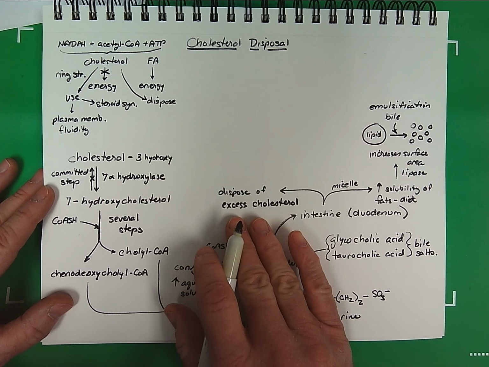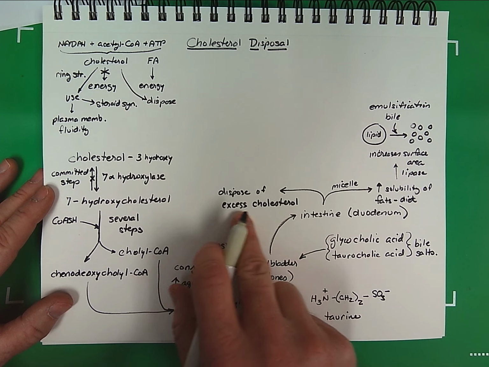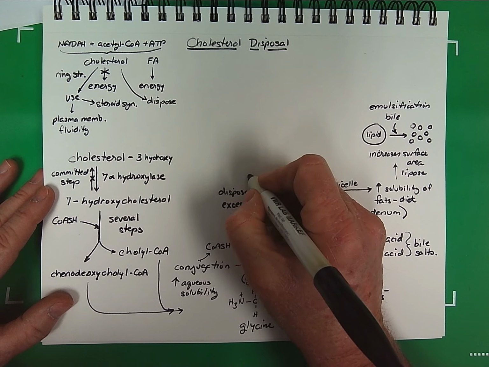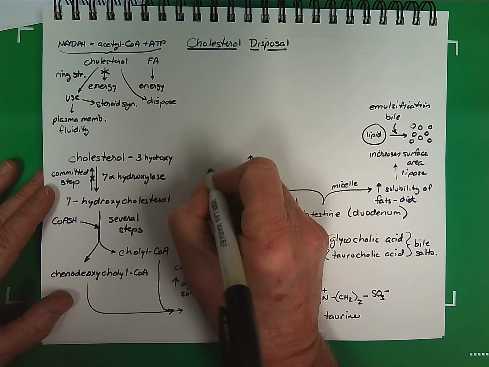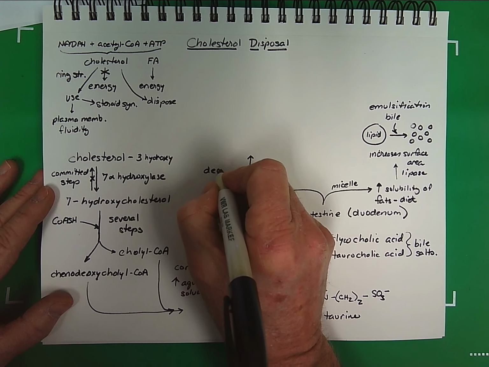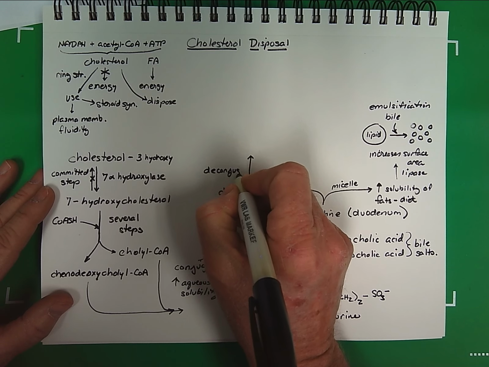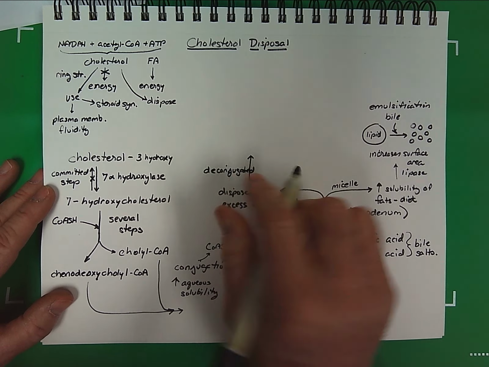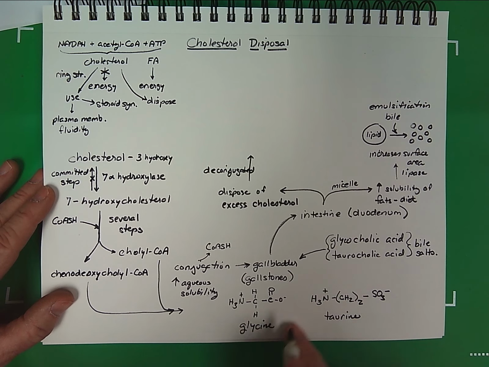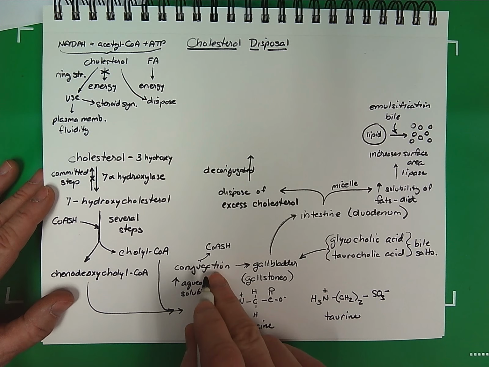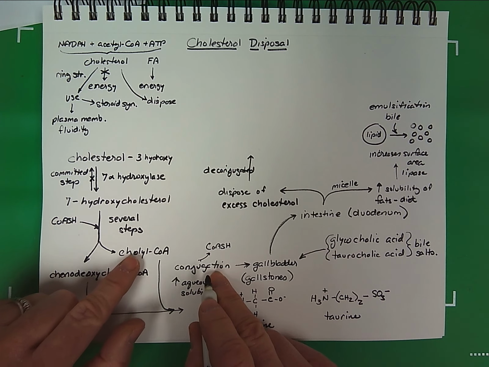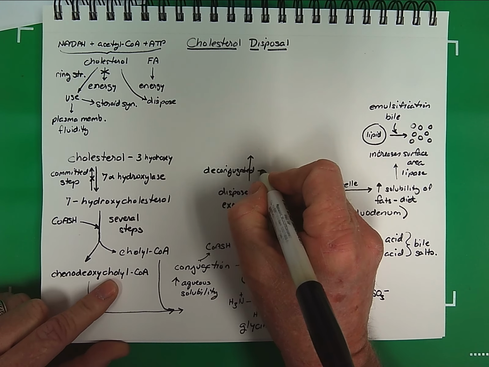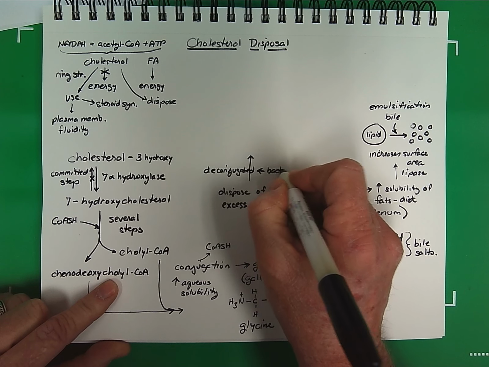Now, the other purpose of putting bile into the intestine is to dispose of extra cholesterol. The way this works is that the bile eventually becomes what's called deconjugated. Deconjugation simply means that the glycine or taurine structures that have been added onto the cholic acid or chenodeoxycholic acid are removed, and these are removed by bacteria in the gut.